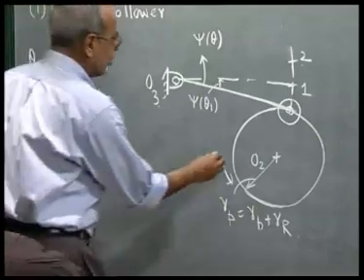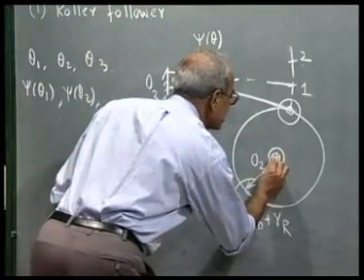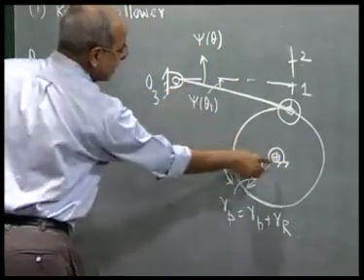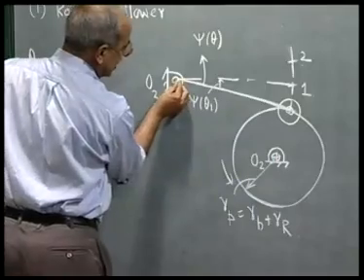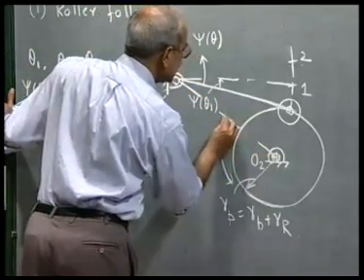Now, as before, we make a kinematic inversion. To draw the cam profile, we hold the cam fixed, which means this fixed link O2, O3 has to rotate in the clockwise direction.